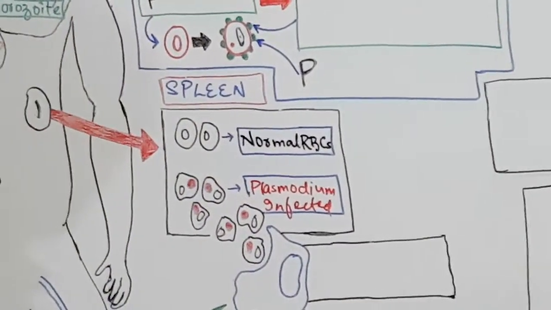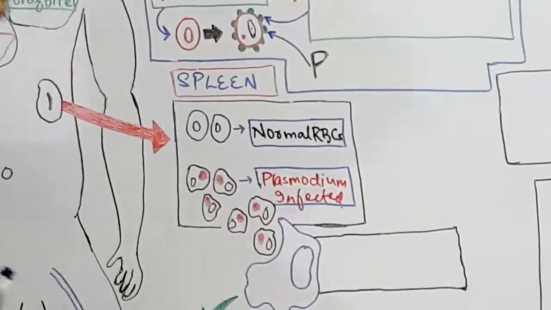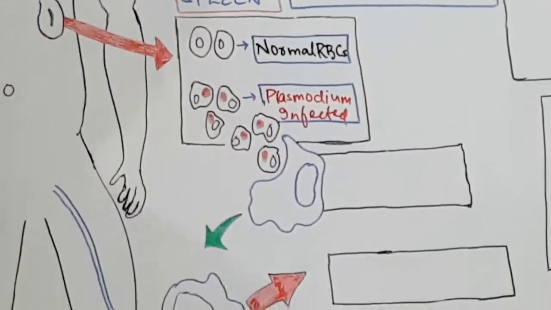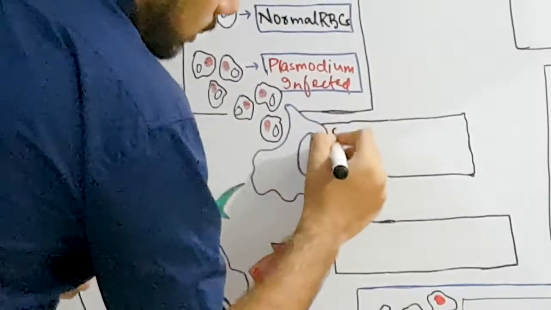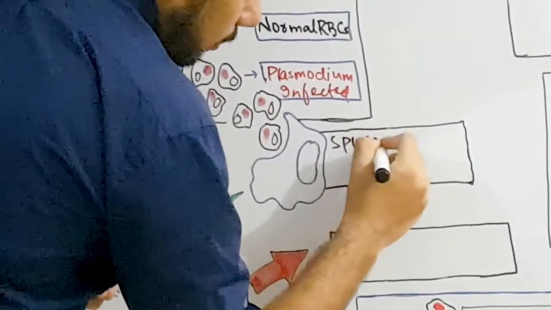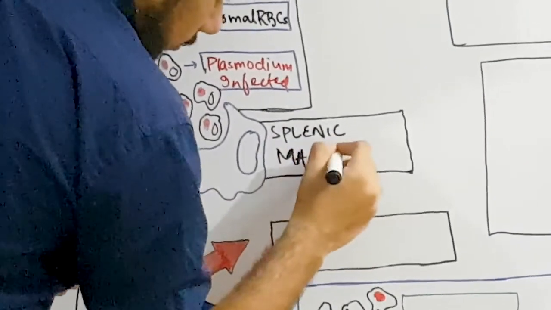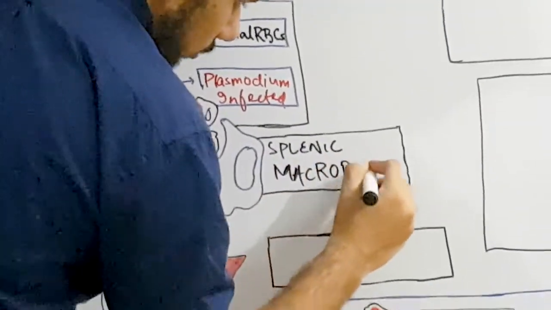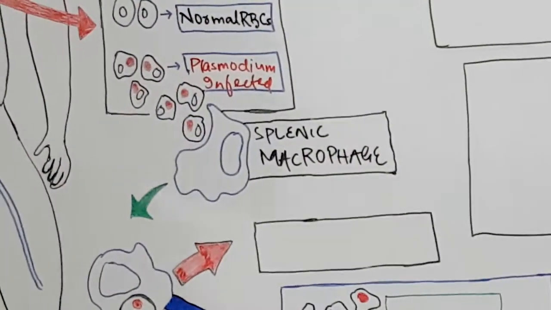So these infected RBCs come into contact with this giant cell present inside the spleen. What is this giant cell? This giant cell is named splenic macrophage. Splenic macrophage. It is a very special type of cell.